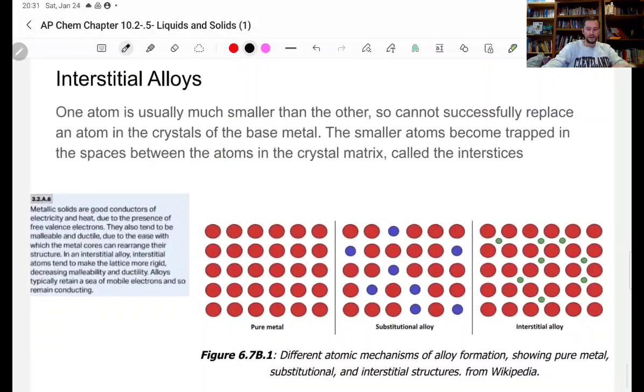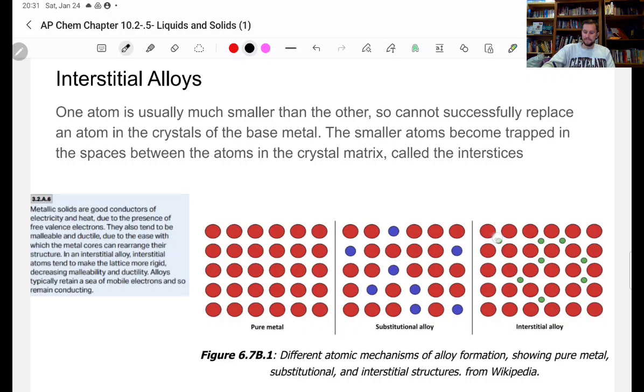Then interstitial. One atom is usually much smaller than the other, so it cannot successfully replace an atom in the crystals of the base metal. The smaller atoms instead become trapped in the spaces between the atoms, called the interstices. And this makes it a very rigid structure because it prevents the atoms from sliding past each other.